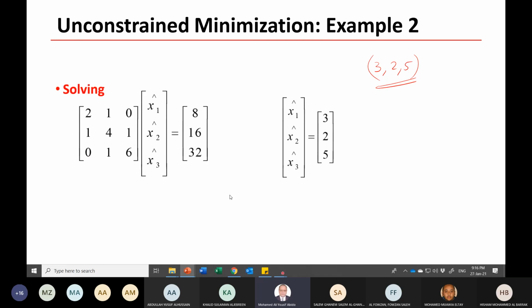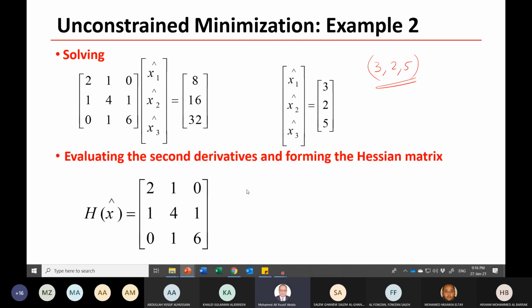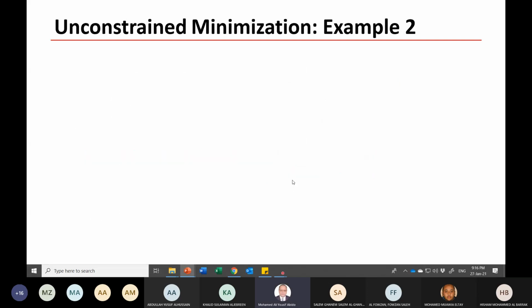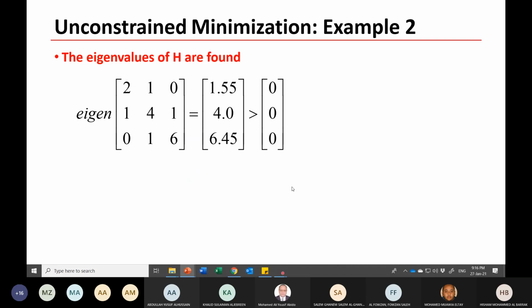You can find the determinant of lambda I minus H, the Hessian matrix, equal to 0, and find lambda to see whether this is a maximum or minimum.